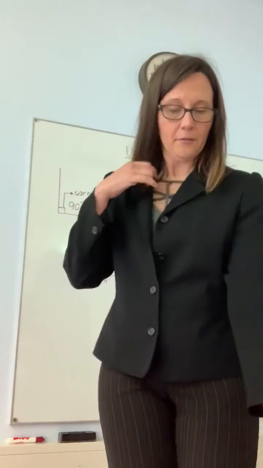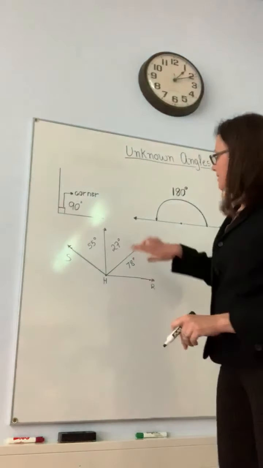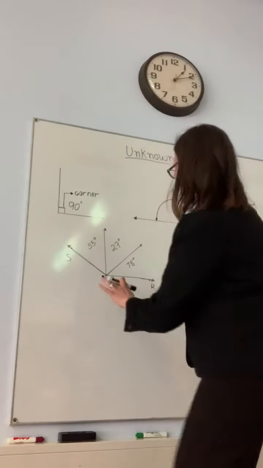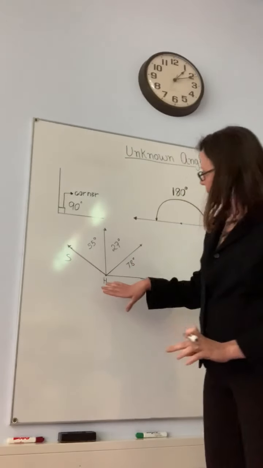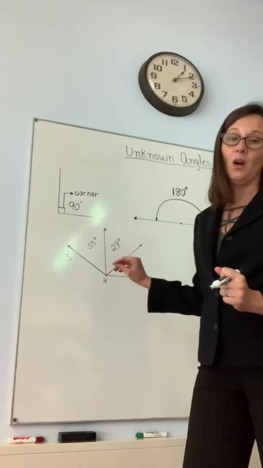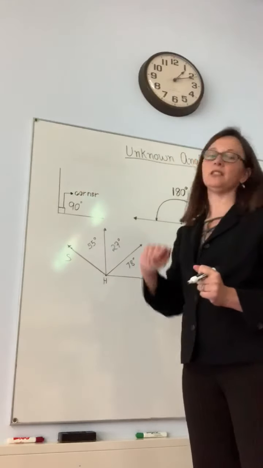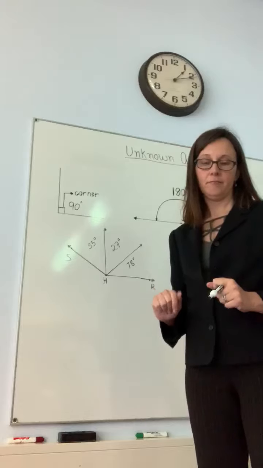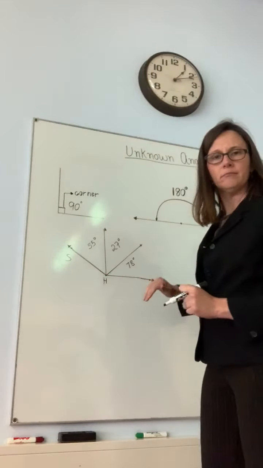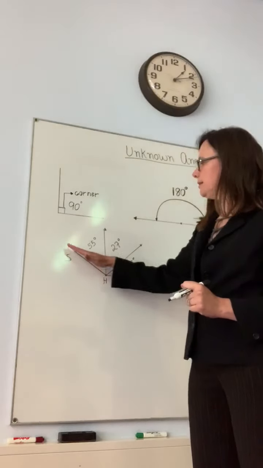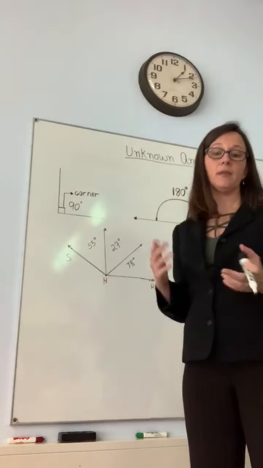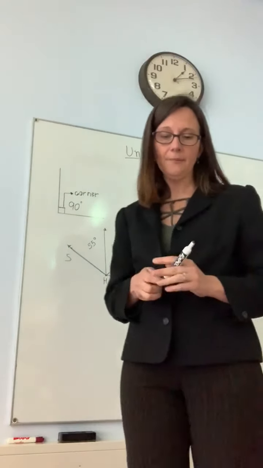So first thing we're going to look at: does this angle look like a 90 degree? I know it's kind of hard for you to see, but no, it's a little bit bigger than a 90 degree angle. This angle here, the straight ray with this other ray, does it look like a 180? No, it's a little bit smaller, okay?